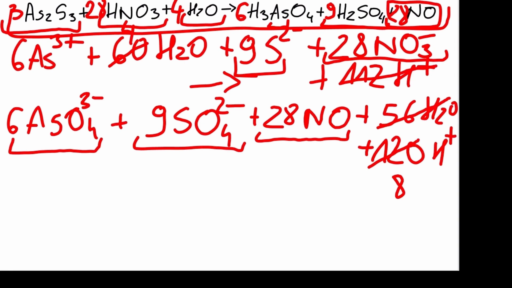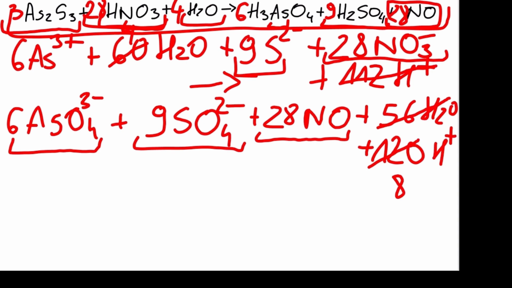On the left side we have 28 atoms of hydrogen in 28 particles of nitric acid. And we have also 4 particles of water. That means that on the left side of the reaction we have 36 particles of hydrogen.